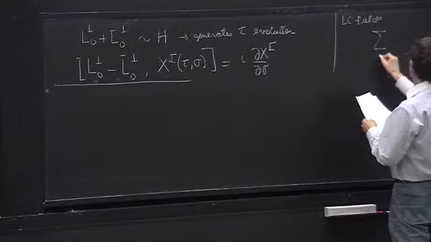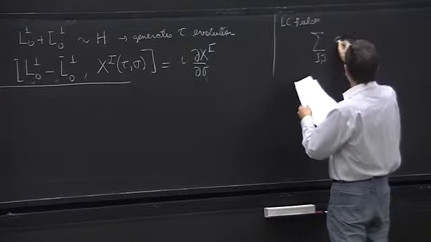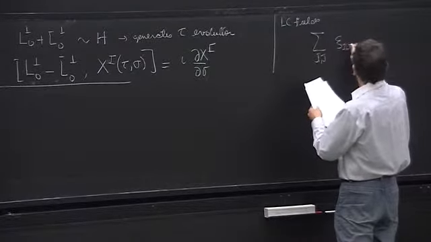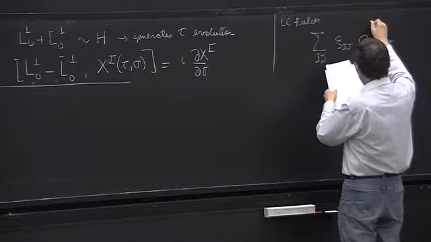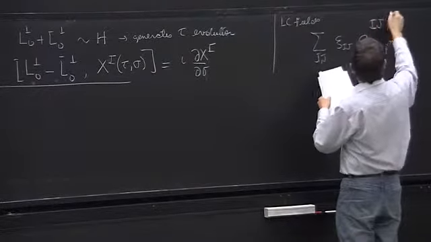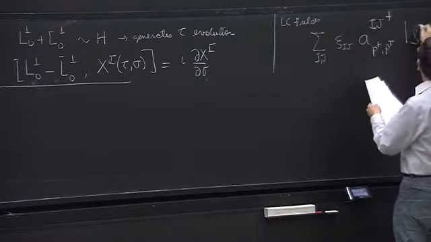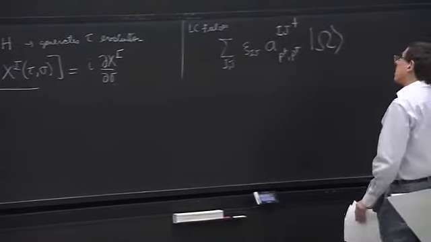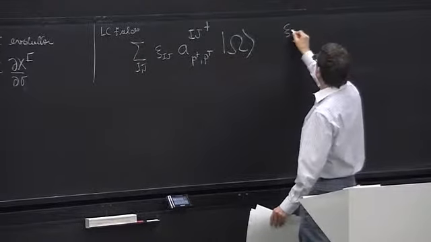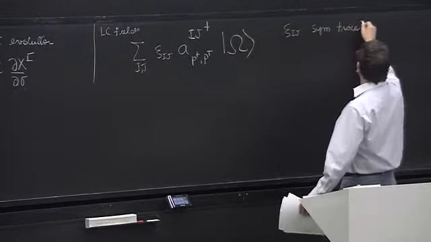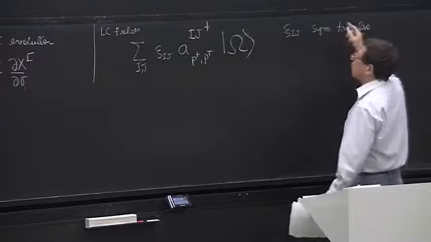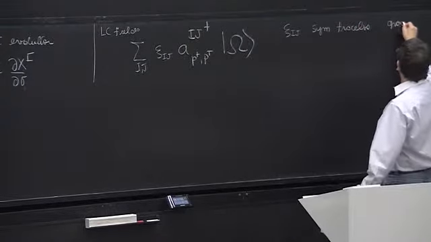You obtain states of the form psi_ij, a_i dagger a_j dagger on the vacuum, with P plus and P transverse. And when psi_ij were symmetric, traceless, these were graviton states.